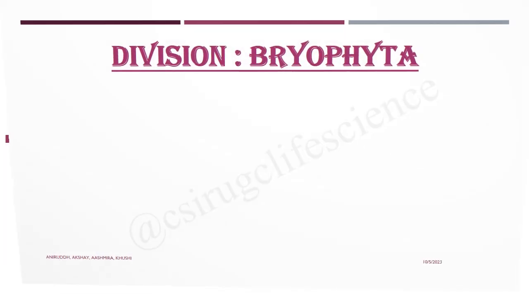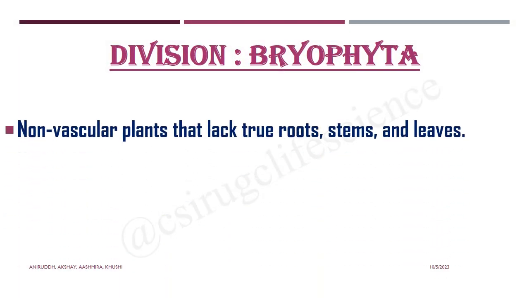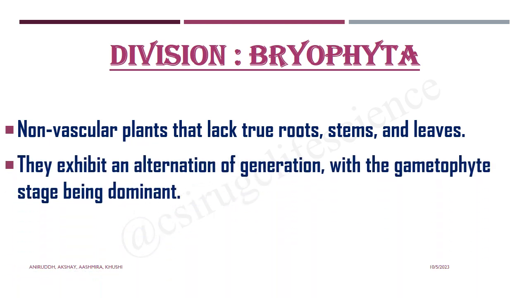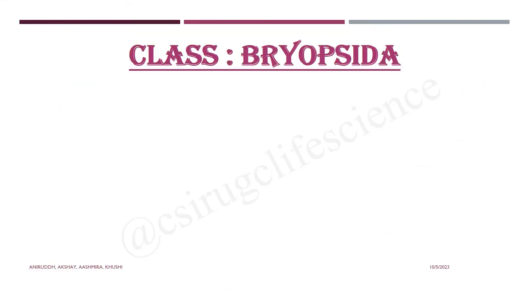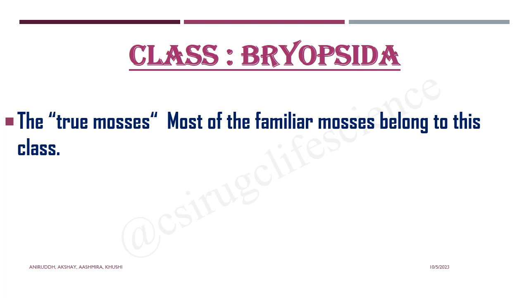Next is division Bryophyta. These are non-vascular plants that lack root, stem and leaves. They exhibit an alternation of generation with the gametophyte stage being dominant. Class is Bryopsida, the true mosses. Most of the familiar mosses belong to this class.